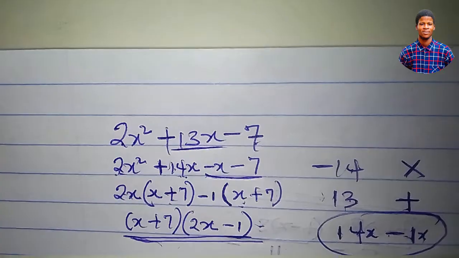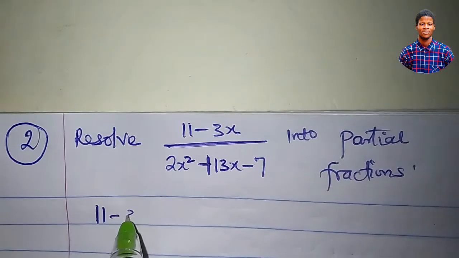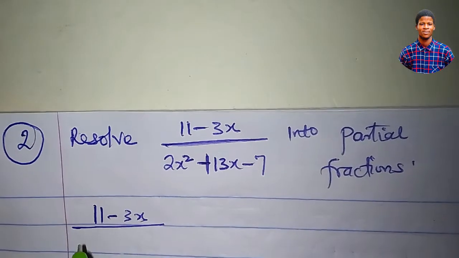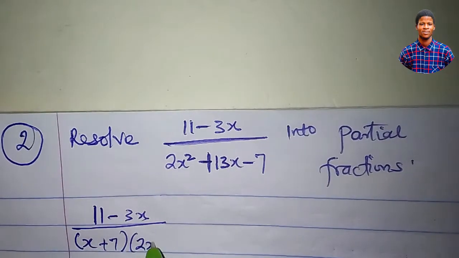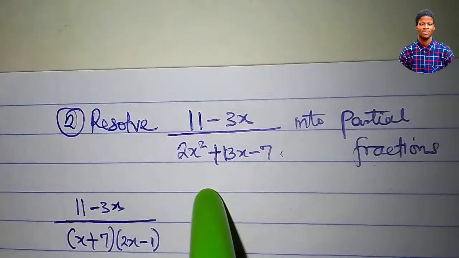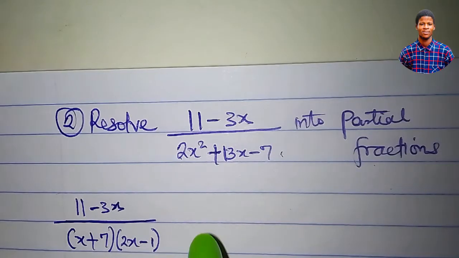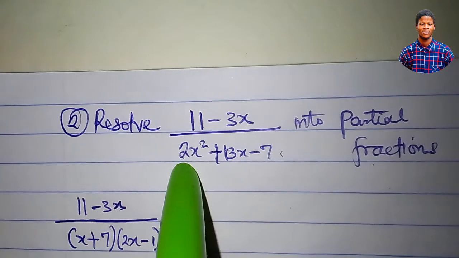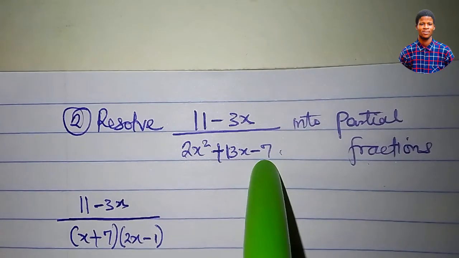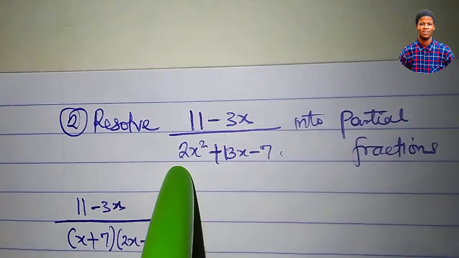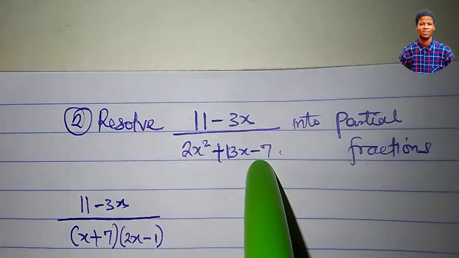So let's go ahead now. This is equal to 11 minus 3x all over x plus 7, 2x minus 1. So when you want to evaluate a partial fraction that has a quadratic expression at the denominator, check whether the expression is reducible.